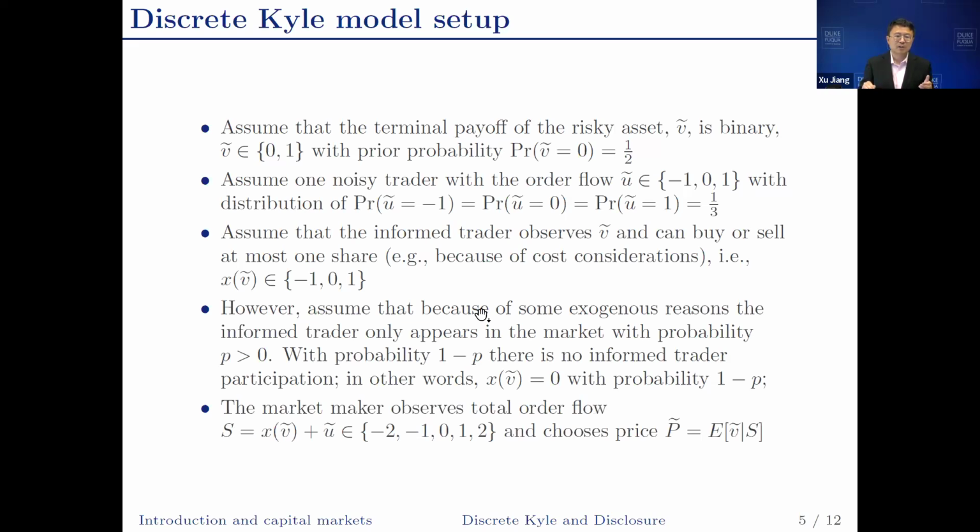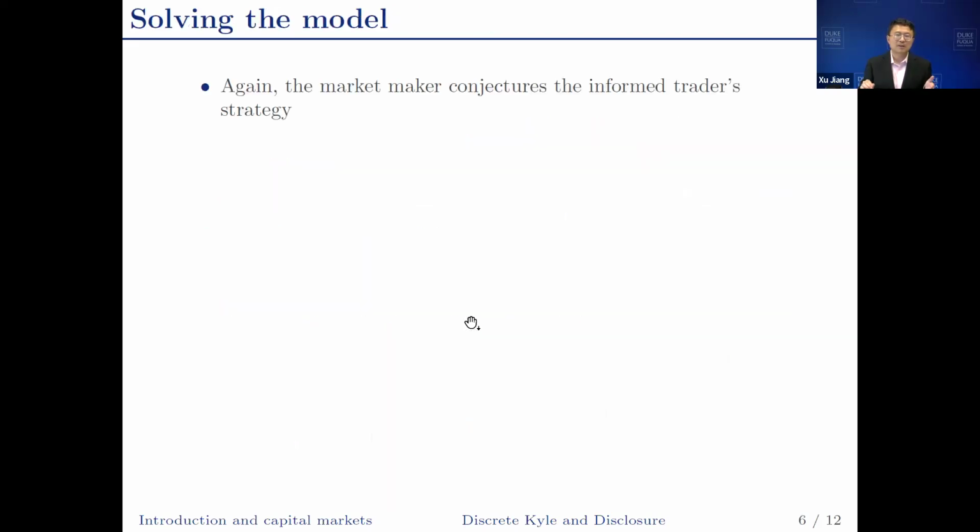As in the continuous order flow Kyle model, the market maker observes the total order flow, which is the sum of the informed trader's order flow and the noisy trader's order flow. It chooses price P equal to the expectation of V conditional on the order flow and the conjecture of the informed trader's trading strategy. So to solve the model, again, the market maker needs to conjecture the informed trader's trading strategy.